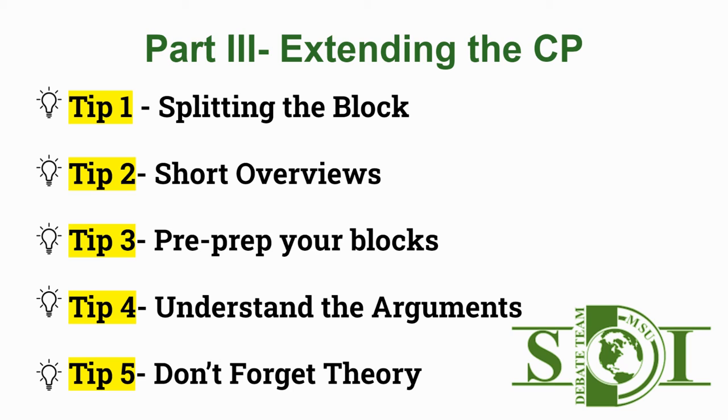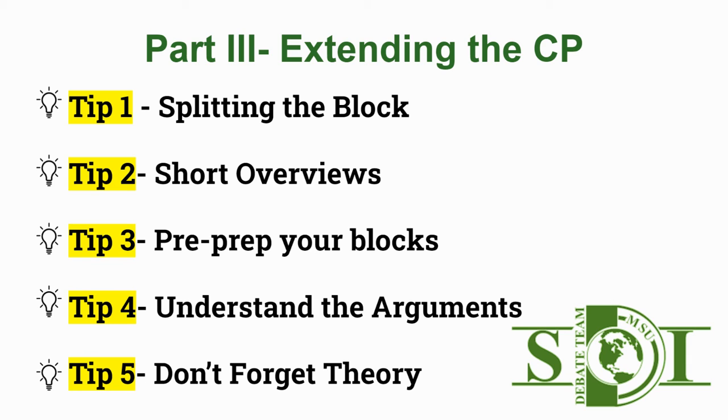Tip number 4 is you want to make sure you understand the arguments the affirmative made. This kind of sounds like a no duh, but affirmative teams sometimes make complicated permutation arguments or complicated theory or solvency deficit arguments against the counterplan. Instead of just assuming that you know what they are saying, you should take time in cross-X to ask questions.